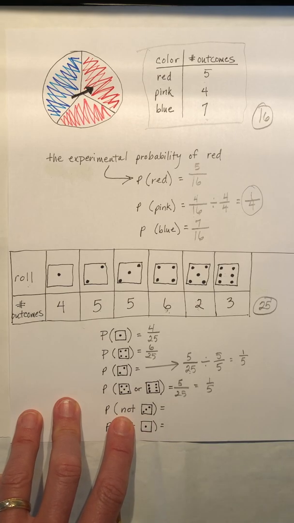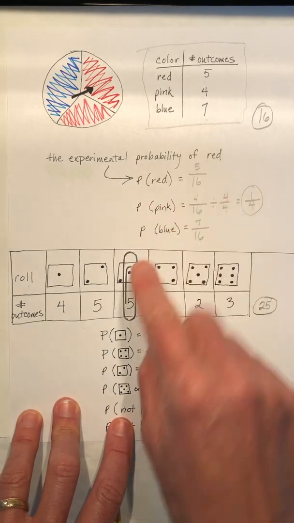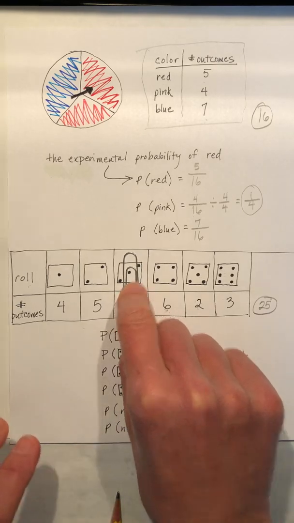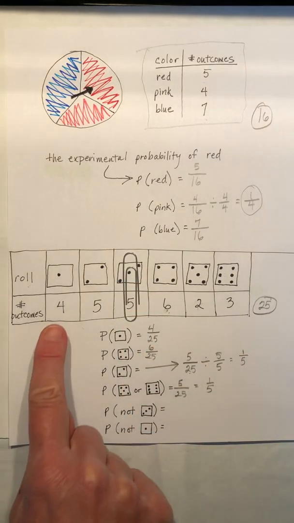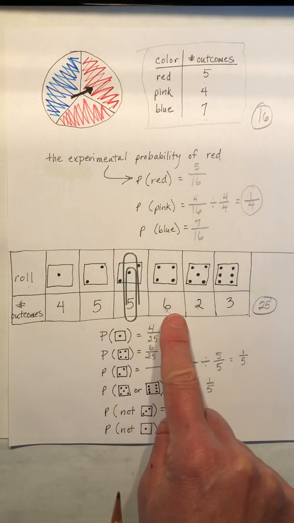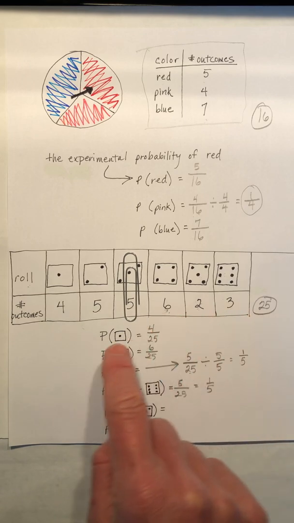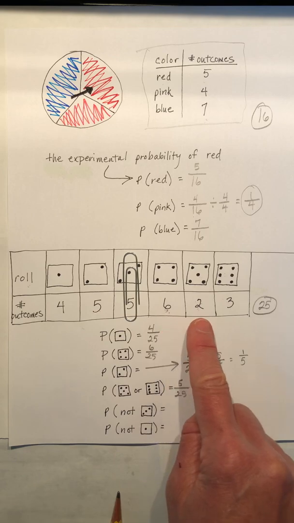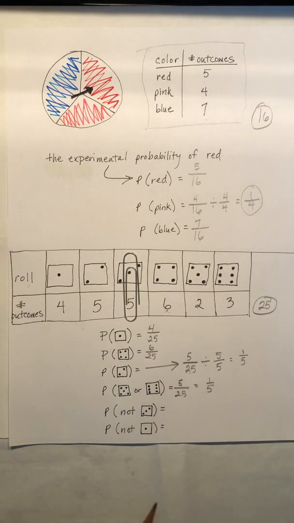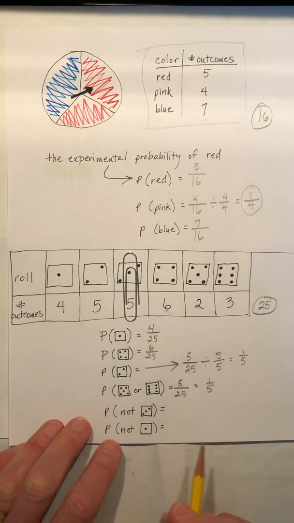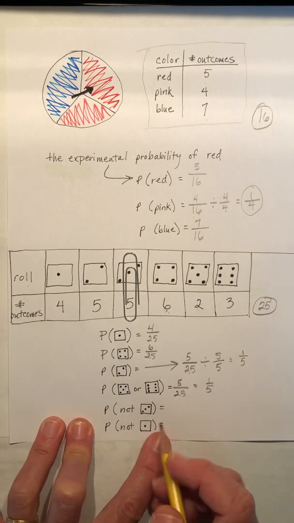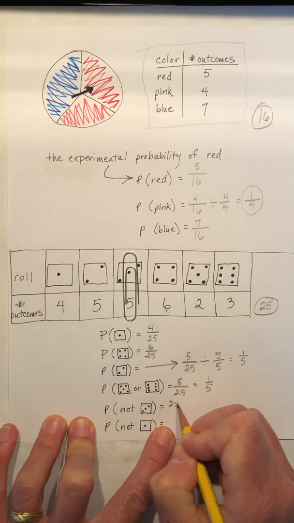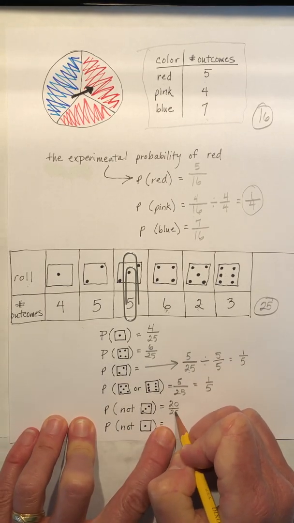So I'm going to cover up the values for the 3 right there with my paper clip. So I need to count up all these numbers here. And when I add up 4 plus 5 plus 6 plus 2 plus 3, I get 20. So the probability of not getting a 3 is 20 over 25.